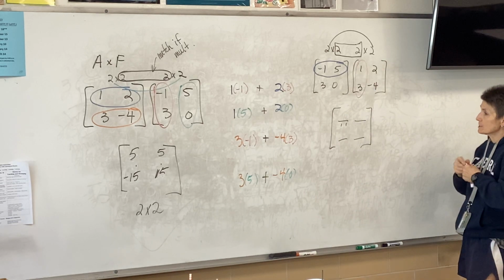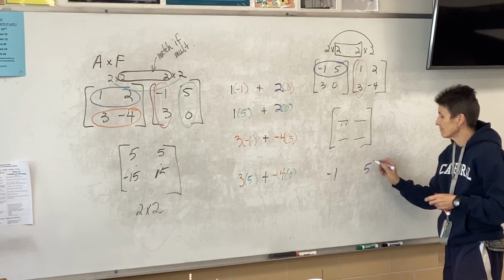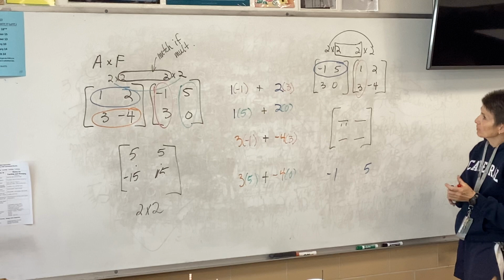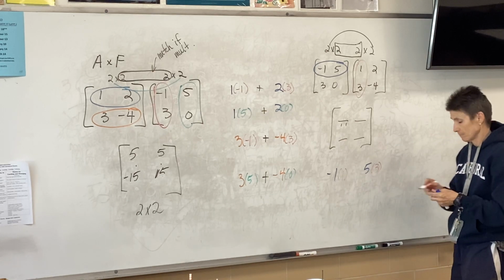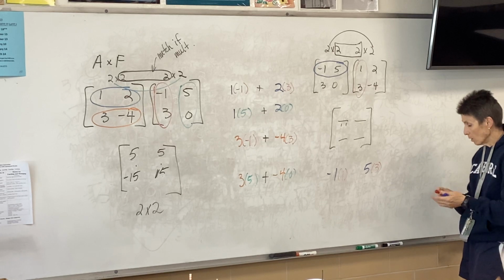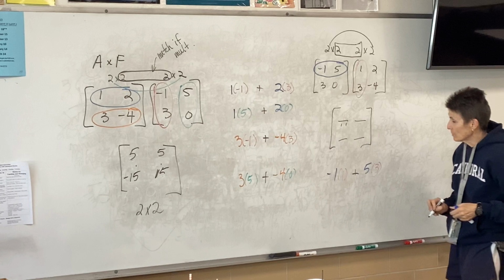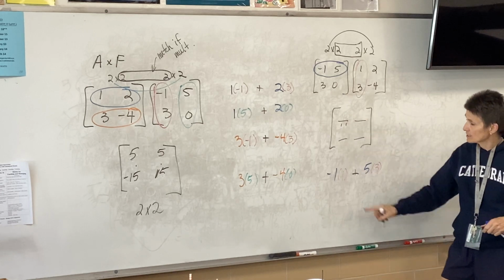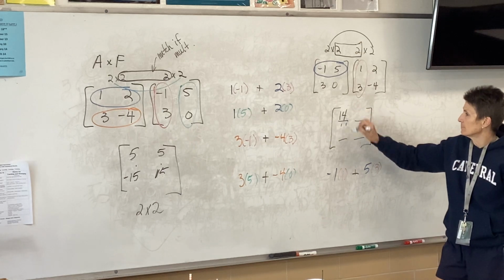The numbers in the first row are -1 and 5. The numbers in the first column are 1 and 3. So I'm going to multiply each pair and add them. So that first number right there is going to be -1 plus 15. That's 14.